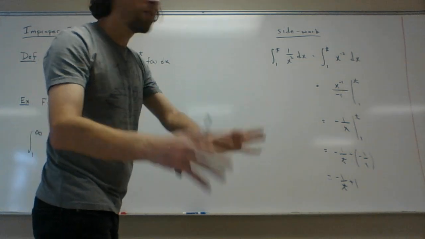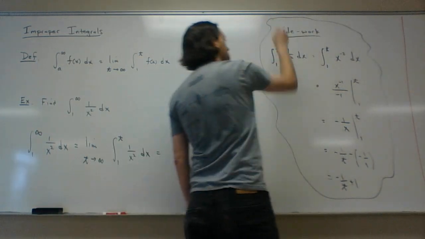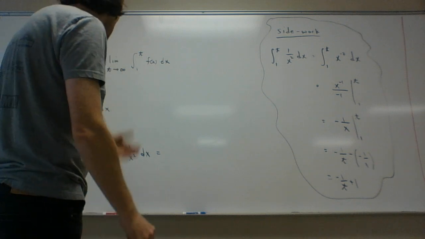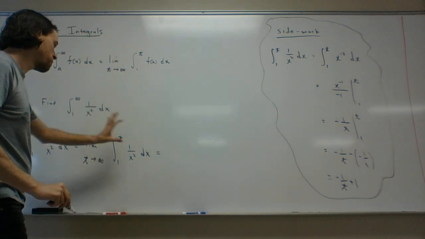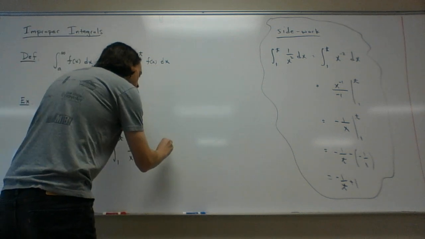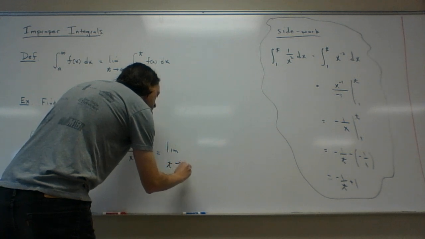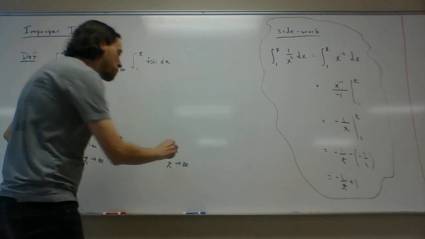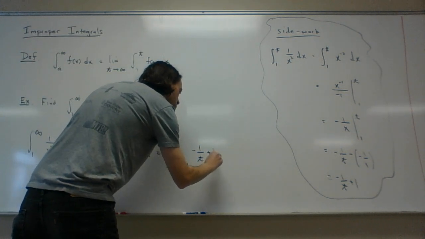So now, with that side work, we can return to our original calculation where we used the definition of this definite integral. That was the limit as t goes to infinity of this integral from 1 to t, and we could now say that's the limit as t goes to infinity of, we just said that integral came out to equal negative 1 over t plus 1.